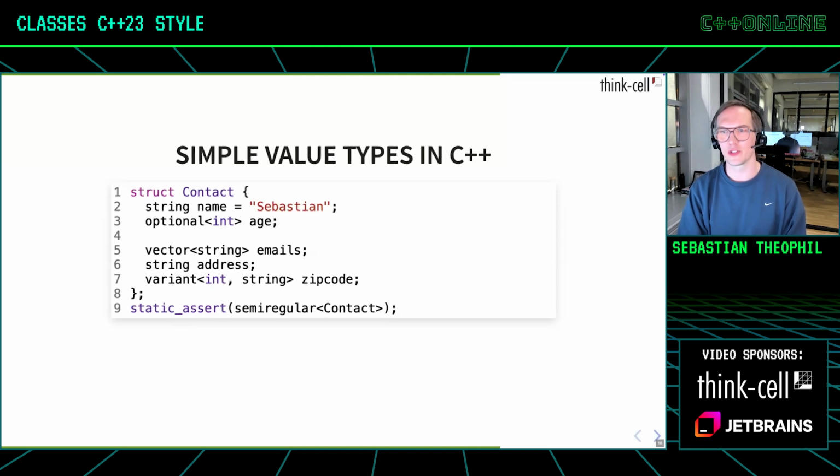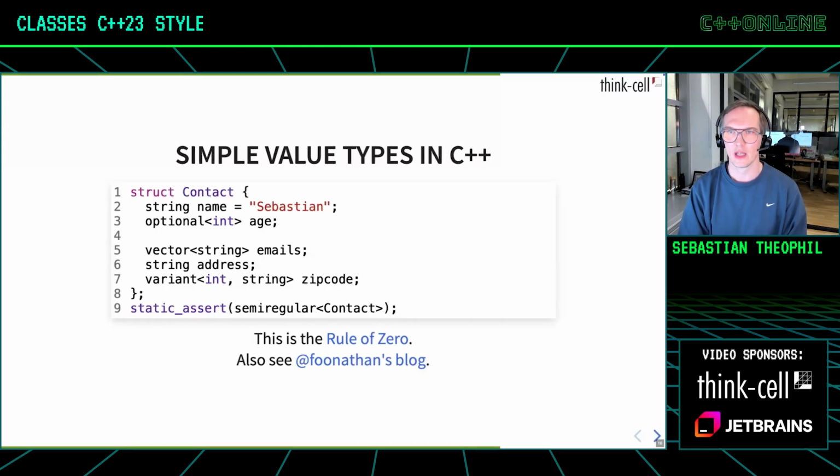And I didn't implement any constructor or destructor because the default automatically generated special member functions all do the right thing. This is also called the rule of 0. There's a blog post by Funatan about it, Jonathan Mueller, my colleague here at ThinkCell. So check that out.